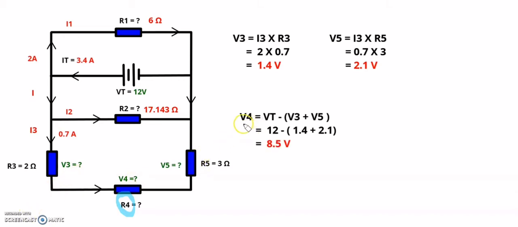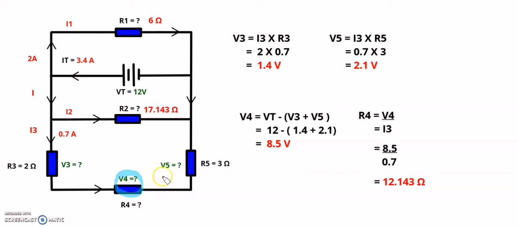V4 is equal to my total voltage minus the sum of V3 and V5, which is 12 minus (1.4 plus 2.1), which gives me a voltage drop of 8.5 volt over that resistor.